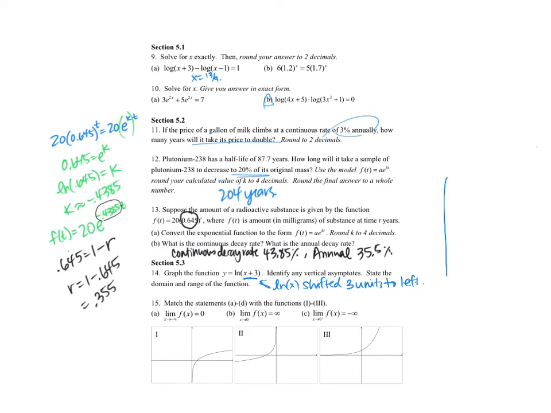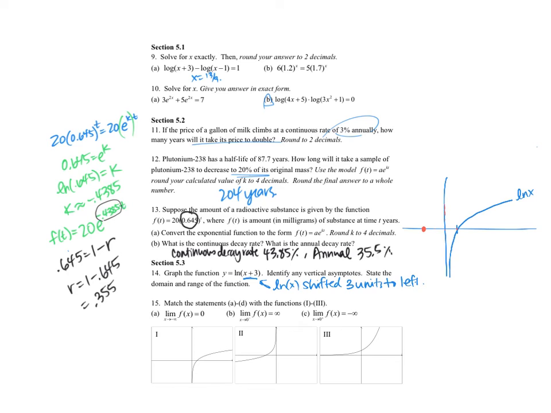So I know the original graph of natural log of x goes through 0, 1, and has an asymptote here. But I want to shift that 3 units to the left, so this point is shifted 1, 2, 3 units to the left, so it goes through here.